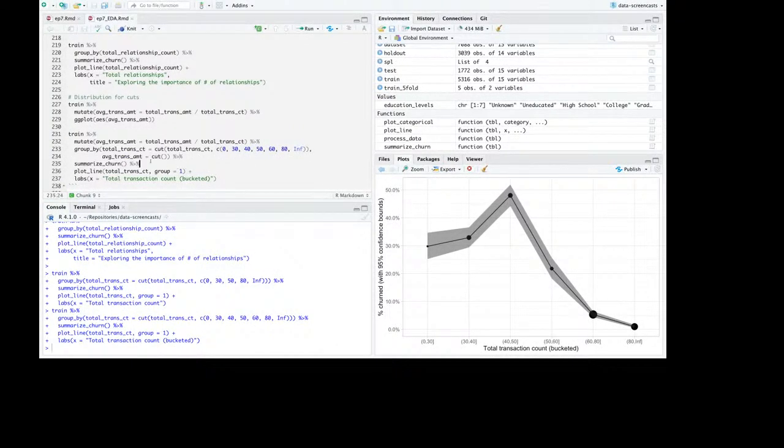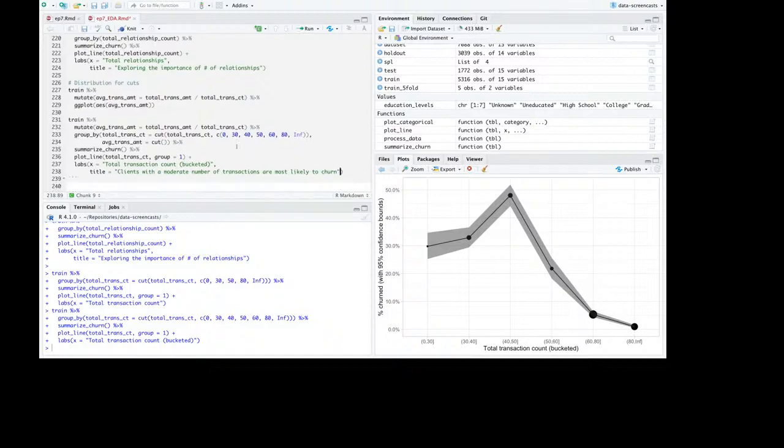So this is like the role of transaction. But notice many are also really likely to churn. Really interesting, and I'm going to keep this.